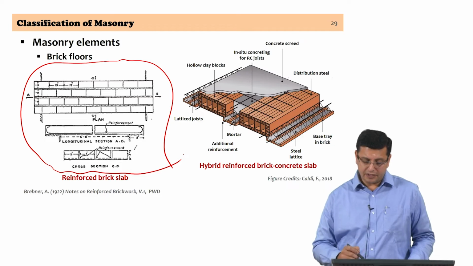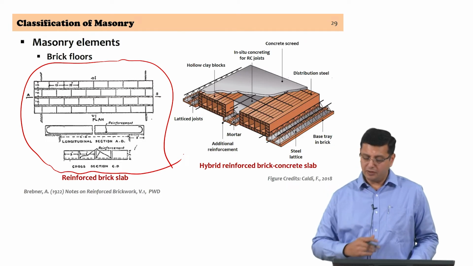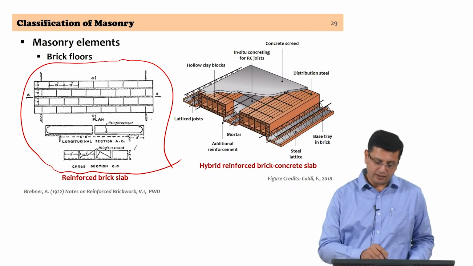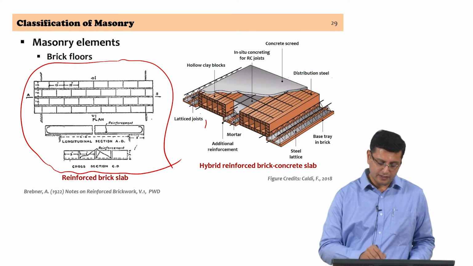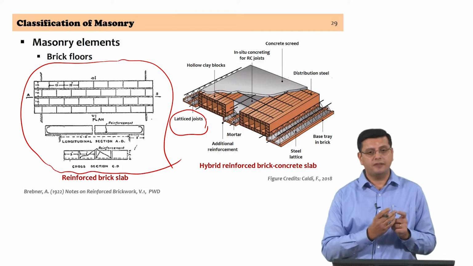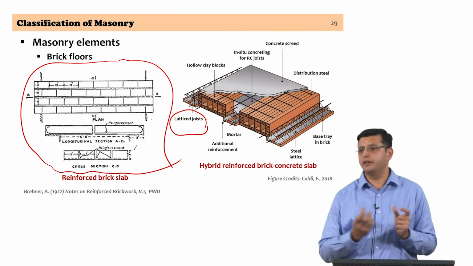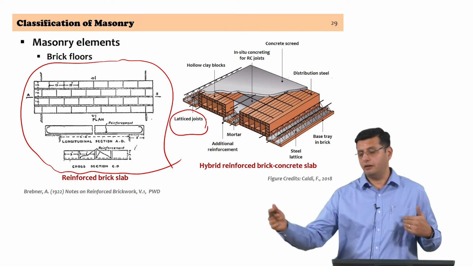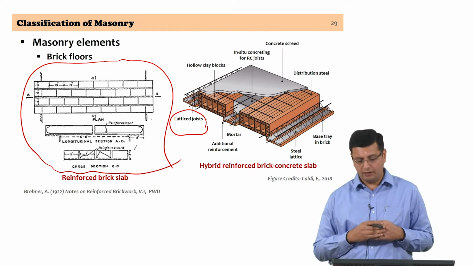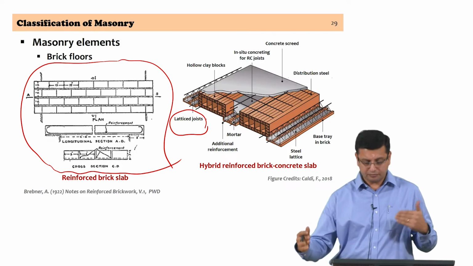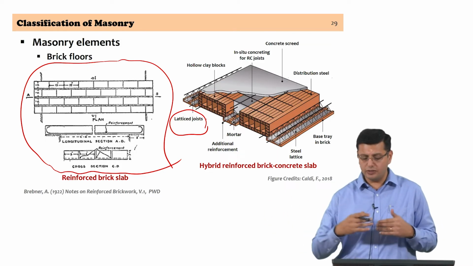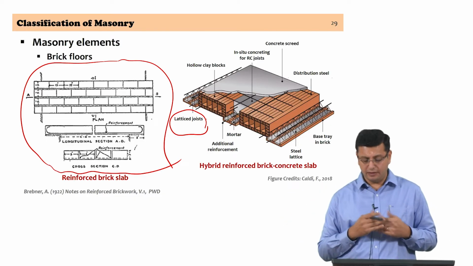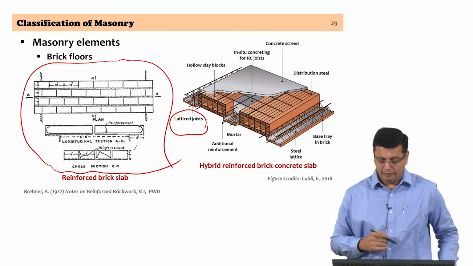If you look at the cross section, you have the main resisting elements, which are really these latticed joists. They are basically reinforced concrete ribs. They have steel reinforcement, would span across the dimension required, and be supported on walls or be connected to beams in the masonry wall.